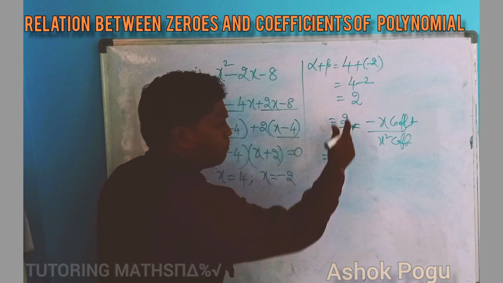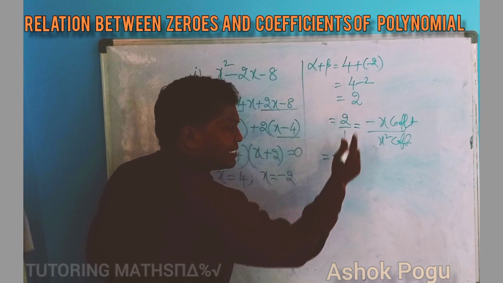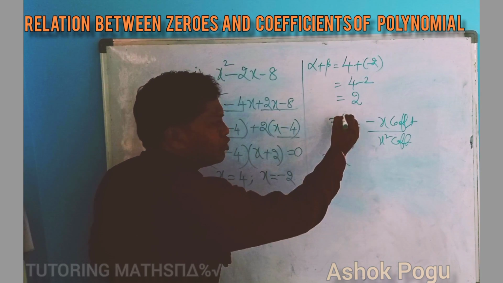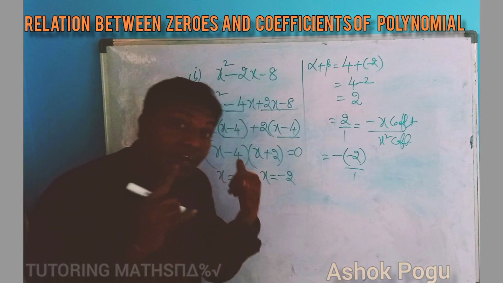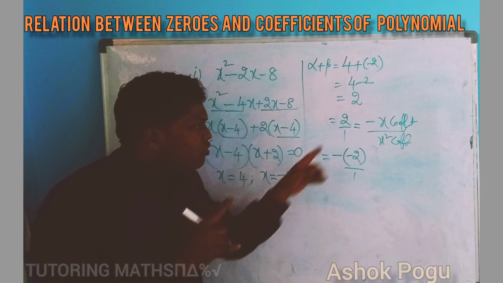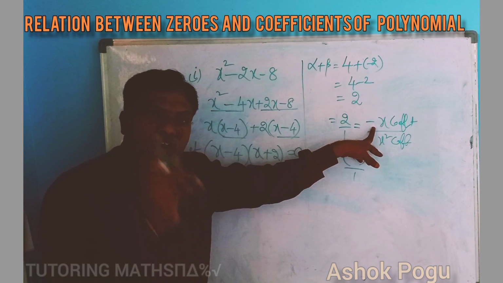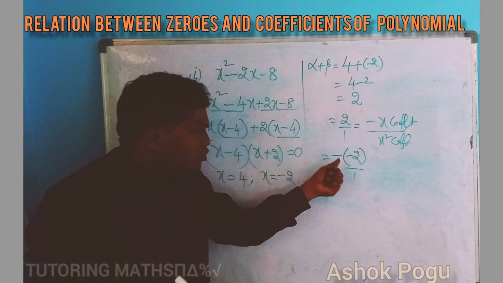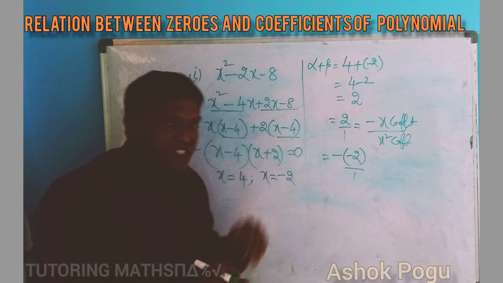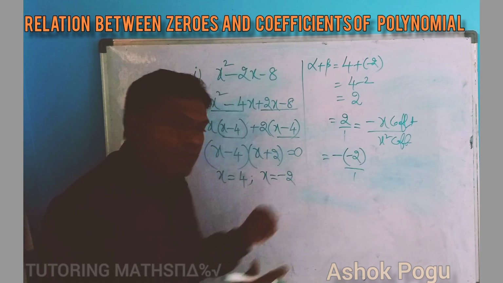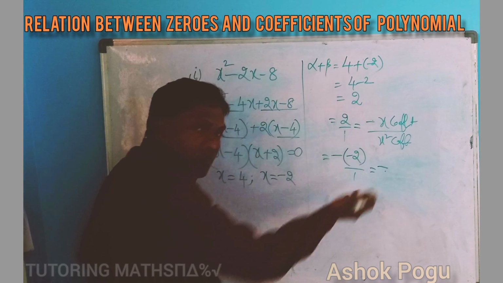Here 2 by 1 is plus, there is no minus. So to get minus, just like in the formula, you can write 2 by 1 as minus of minus 2 by 1. Why should we take it like that? Check the formula: according to the formula, in the numerator it should be minus. So to get minus, I am taking plus 2 as minus of minus 2. Now it is minus of minus 2 by 1. Now see, verified, we got minus.